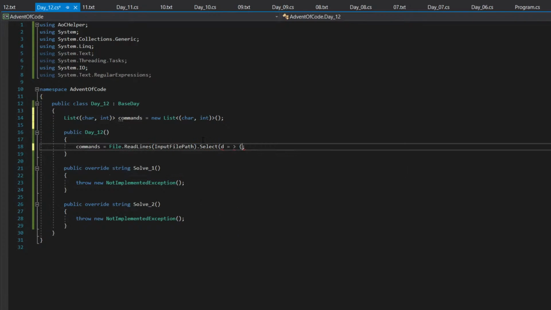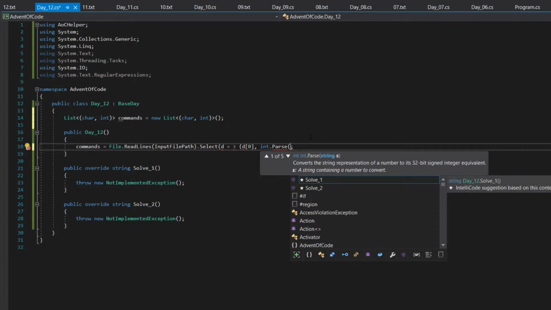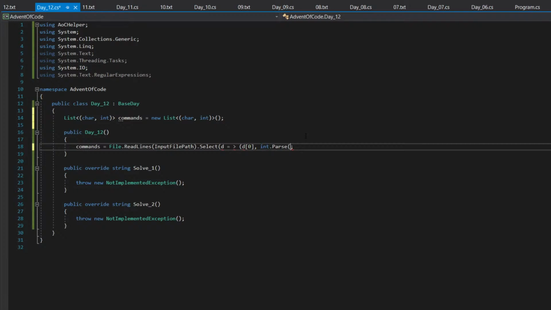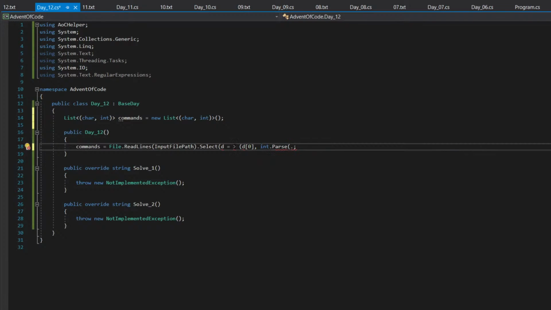Now use our buddy LINQ. So character 0 is going to be our character. And what do we want? We want an integer. So parse, will you stop with this? Okay.